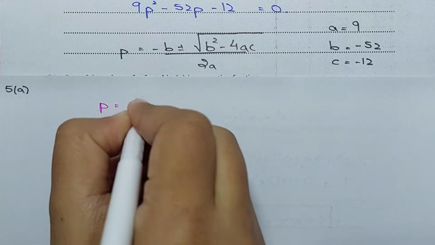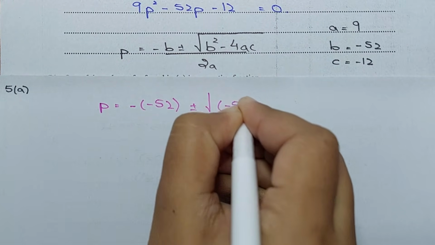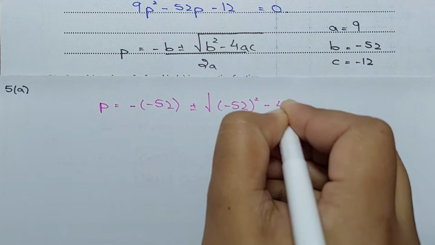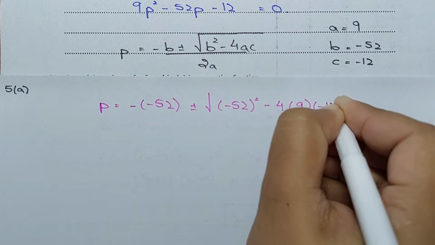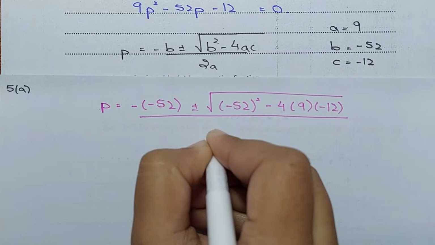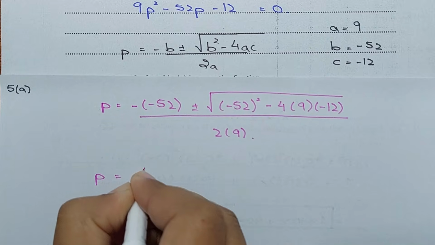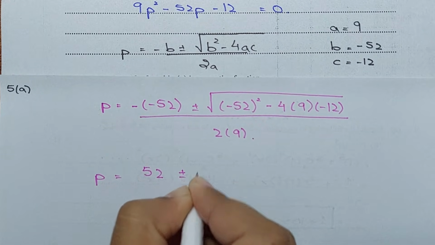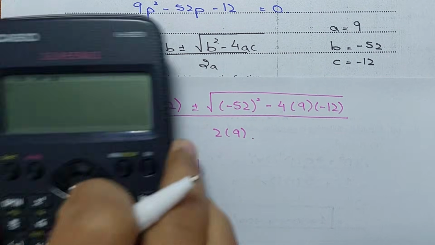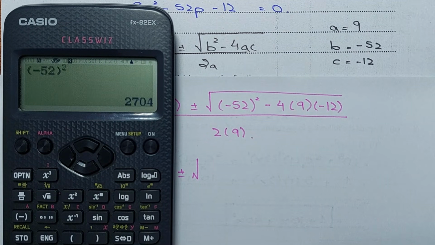P is equal to negative B, which is minus 52, plus or minus the square root of B's value, minus 52 squared, minus 4 times A, which is 9, and C, which is minus 12, the whole divided by 2 times A, which is 9. So P is negative times negative, positive 52, plus or minus the square root. What is 52 squared? Minus 52 squared is this, and plus 4 times 9 times 12.